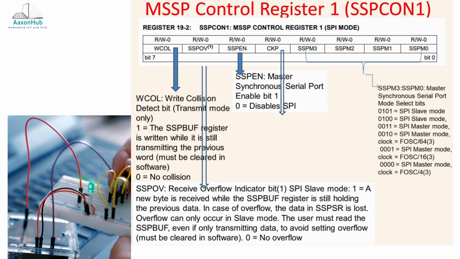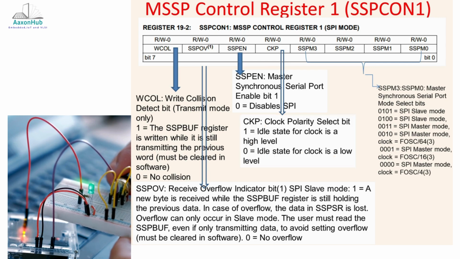Next is the SSPEN bit. SSPEN is nothing but the bit to enable the MSSP module. If you put this bit as 1, it means you have enabled the module, otherwise it will be disabled. Until and unless this is enabled, you cannot utilize the SPI mode. Next is the clock polarity select bit, CKP.